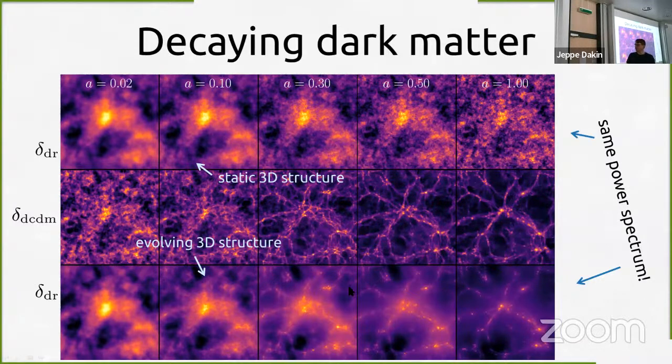The power spectrum of this plot and this plot is the same, which is hard to believe actually, but it really is. We only changed the 3-dimensional structure, the placement in the universe. And whether or not this is important is unknown. I sent a hack doing this to a group at MIT 2 weeks back, and they are working on it. So there might be some interesting things coming from this.